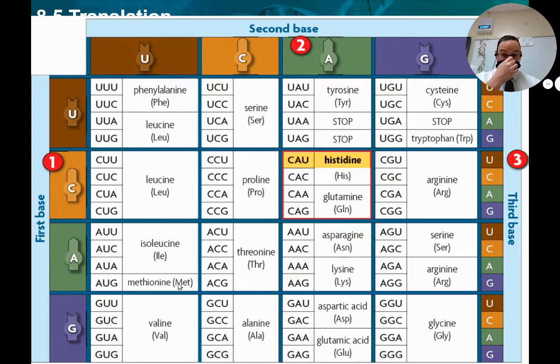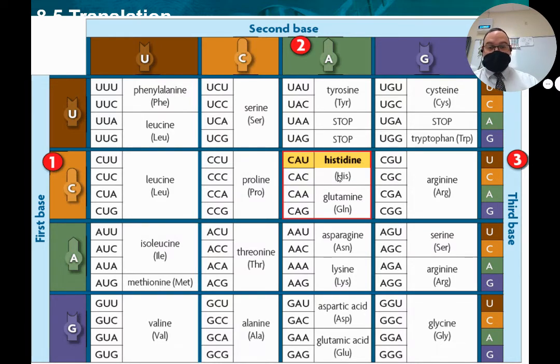So the example they're giving here is CAU. So if you have the codon CAU, you go to the first base, here's C. You go to the second base, here's A, and then U. And you're right here, right? And that's histidine or his. And by the way, had you found CAC, you would have also gotten histidine or his.